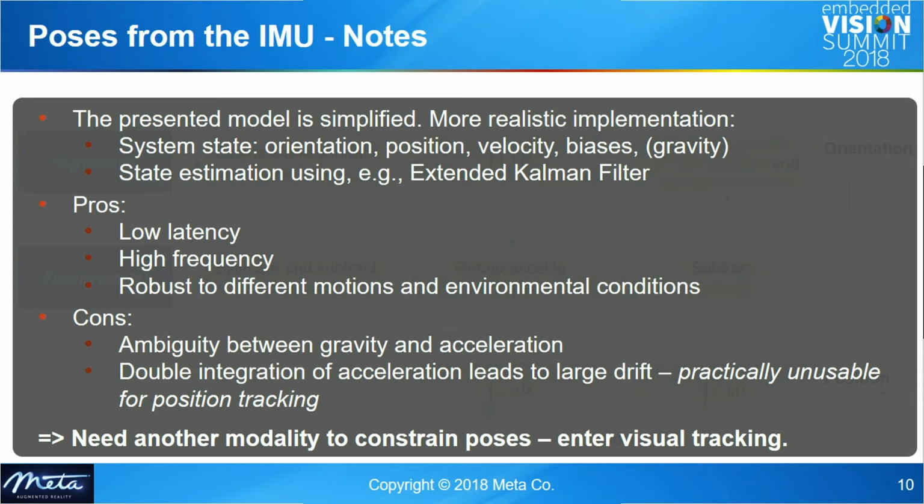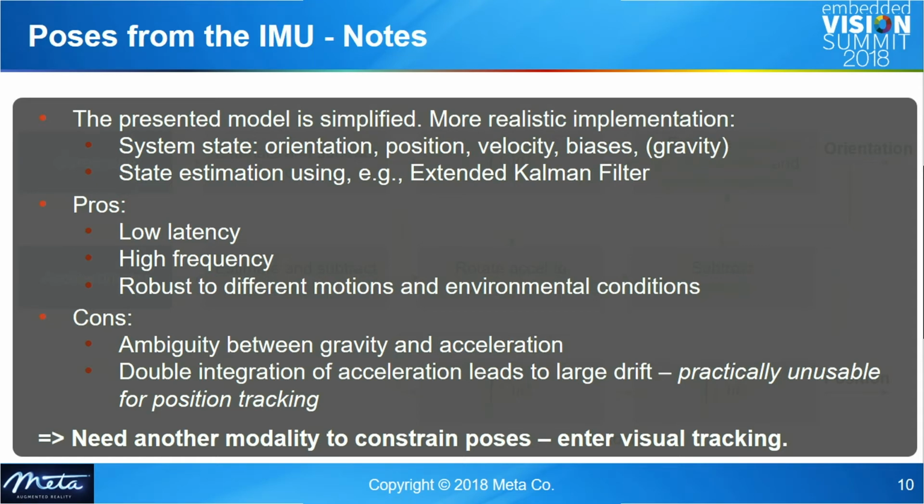On the negative side, though, and I think I mentioned both of these already, one big issue is this ambiguity between gravity and acceleration. Sure, we can try to estimate gravity and take it into account that way, but that won't be perfect. So there is always some remaining ambiguity.